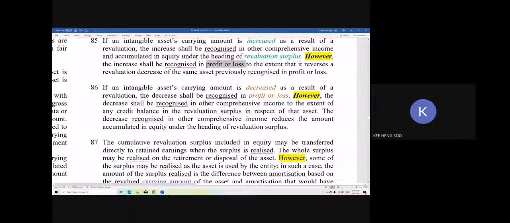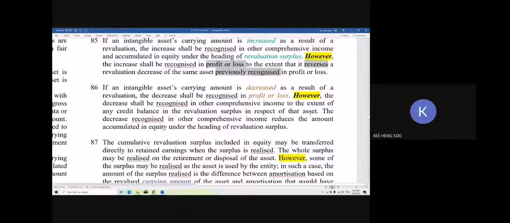However, the increase shall be recognized in the credit side of SPL as income to reverse a revaluation decrease of the same asset previously recognized in the debit side of the SPL as an expense. Are you clear now? This Saturday, I want you to write like that.